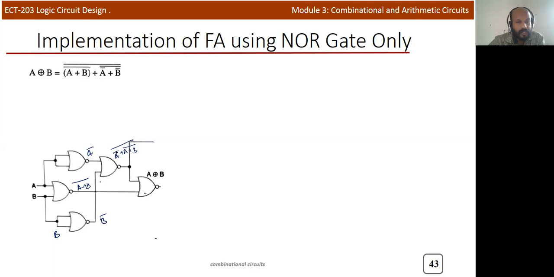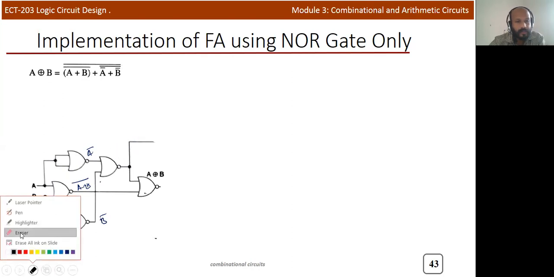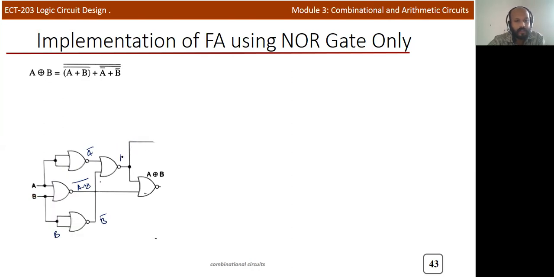This is a small correction: one of the inputs is A bar and another input is B bar. So A bar plus B bar the whole bar.